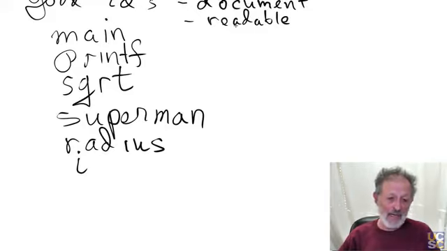And Superman, if somehow you're writing some code to exhibit something to do with the character Superman, maybe you'd use that as an identifier that gives you a clear image, as does radius.